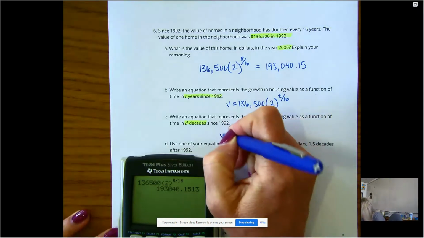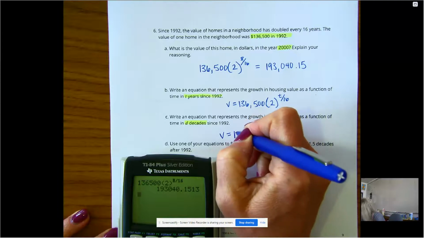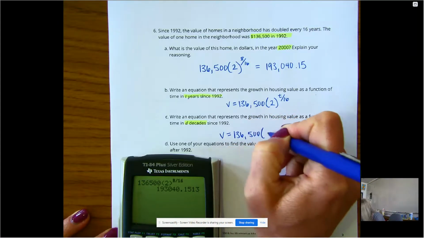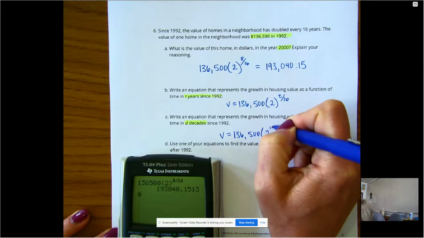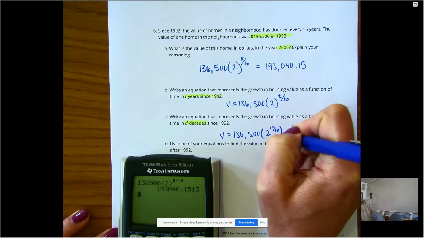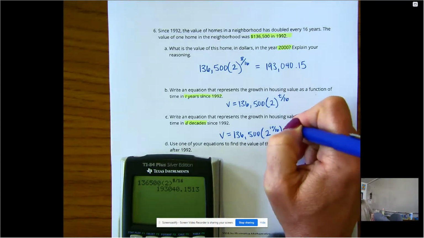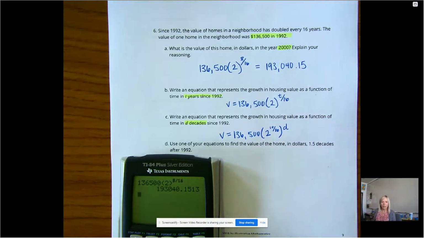So 136,500, and I'm going to use 2 to the 10/16 as my growth rate because it's only 10/16 of that 16-year time period every decade. So I'm going to use D as my exponent for decade.